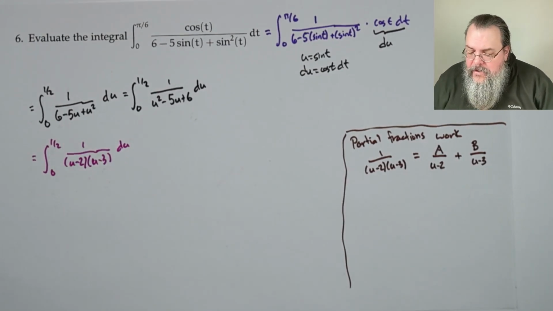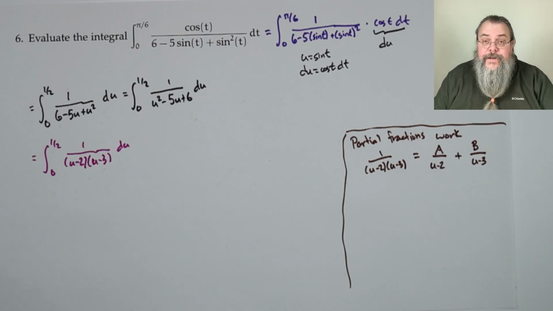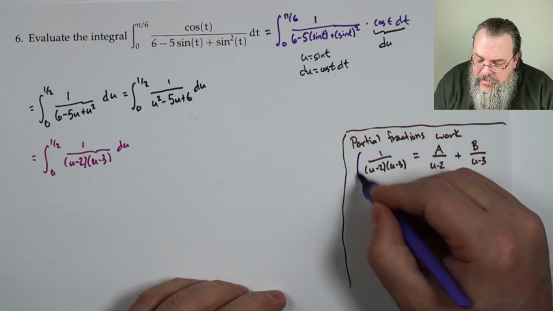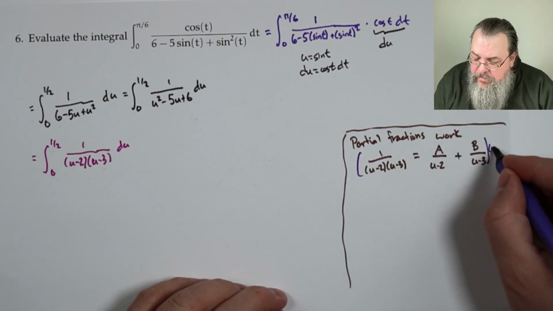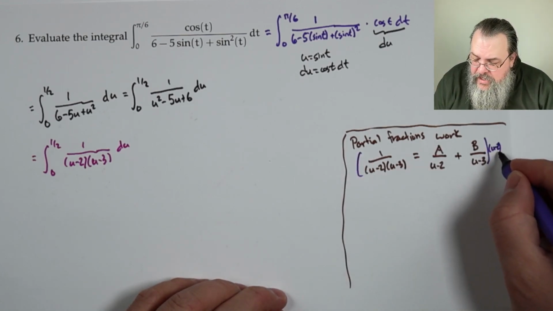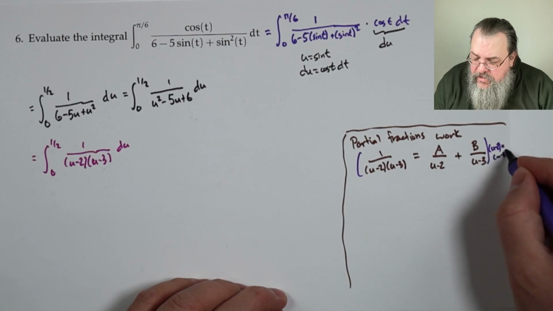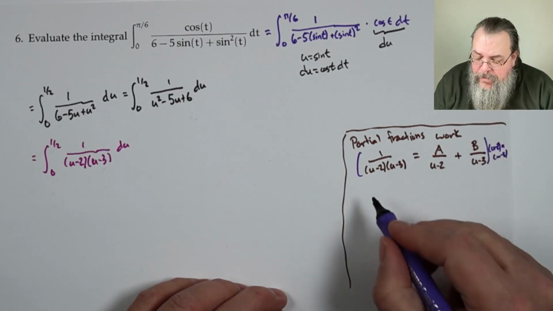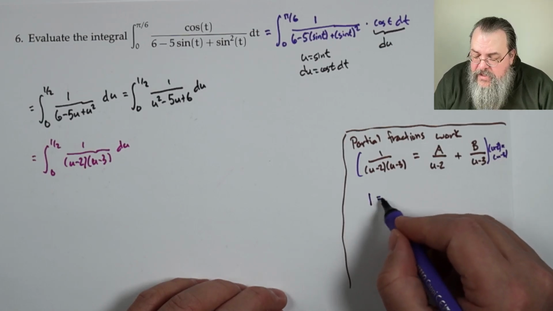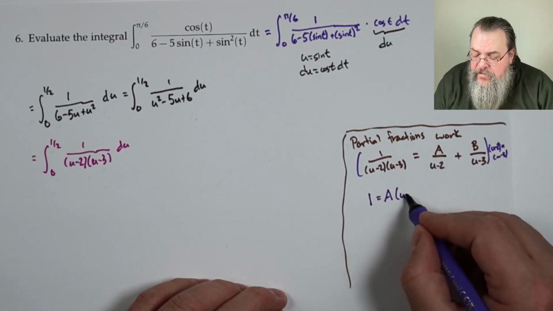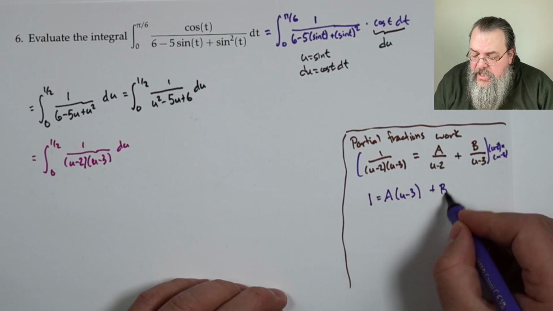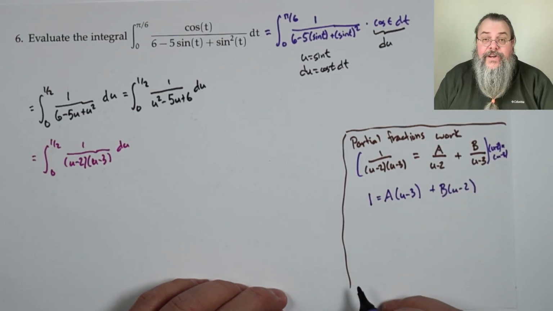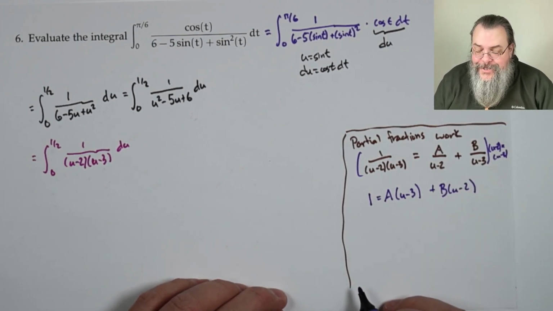All right, well, clear your denominators. So if we clear our denominators, and that is to say everything gets multiplied by u minus 2 times u minus 3. Ran out of space there, but imagine I hadn't. Then what we would get is that 1 is equal to A times u minus 3 plus B times u minus 2. And I think we can make some good choices here.